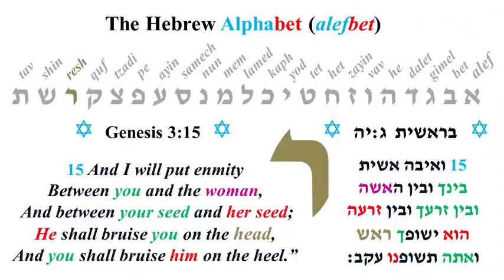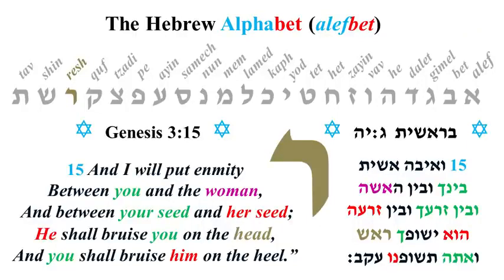But you also find it in Genesis 3:15. This is the proto-evangelium. Remember, Adam and Eve have eaten the fruit, and God is now dishing out the curses. And the snake is going to crawl on his belly and eat dust. And in Genesis 3:15, it says, "And I will put enmity between you and the woman, and between your seed and her seed.